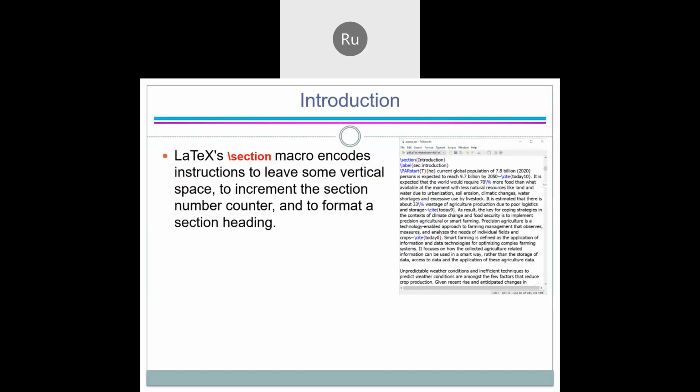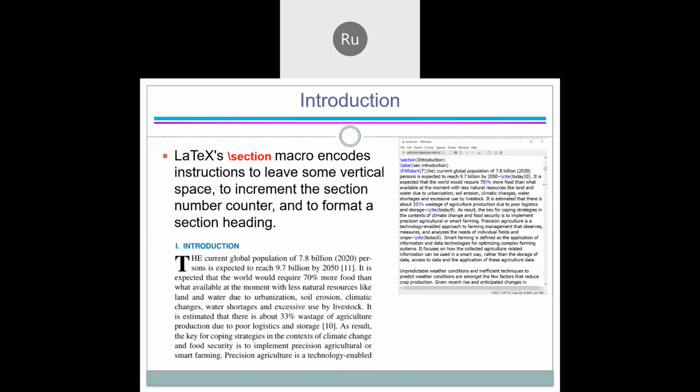This is the formatting that they use for LaTeX. So it produces something like this. If you look at the section, the introduction will be written like that because we use the section formatting. And this introduction section has a label called sec:introduction. So next time when you want to refer to it, you just refer to that particular section.